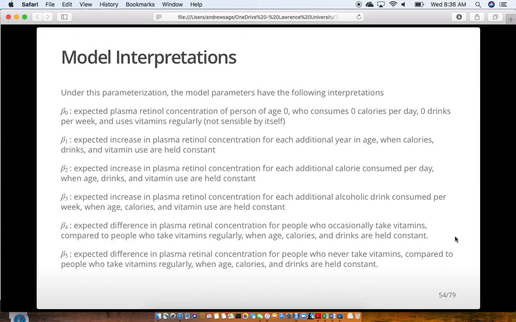To emphasize, we're interpreting the coefficients for our categorical variables as the difference between people who take vitamins from that category, either occasional use for beta 4 or never for beta 5, compared to the baseline category that was part of the intercept, in this case regular vitamin use.